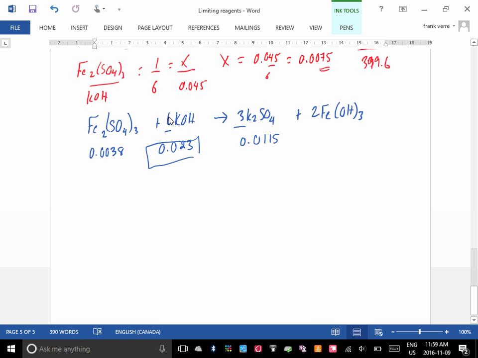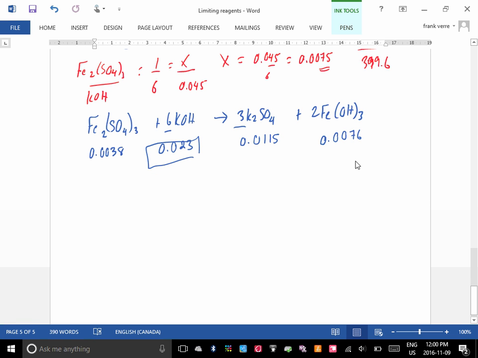And the ratio of potassium hydroxide to iron 3 hydroxide is 6 to 2, which is exactly 3 to 1. So then this one should be 3 times smaller than this. So 0.023 divided by 3 is what? 0.0076?